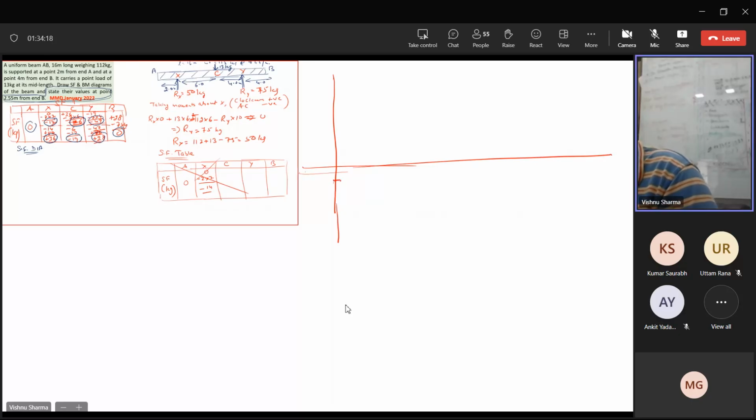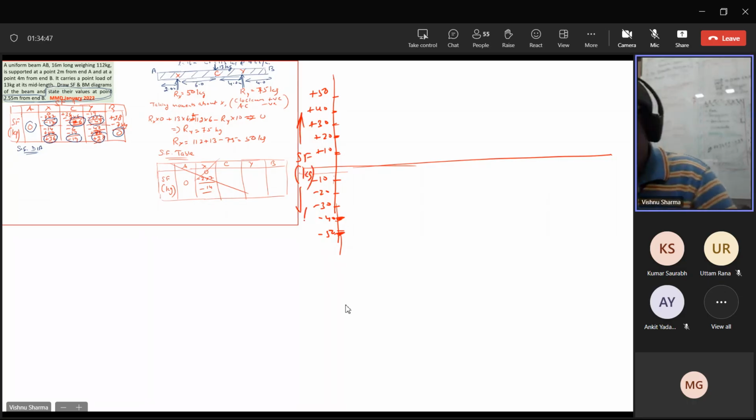So 10, 20, 30, 40, 50. 10, 20, 30, 40, and 50. This is SF. Units will be kg, up and down.